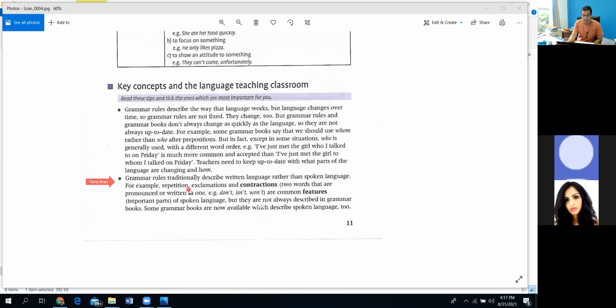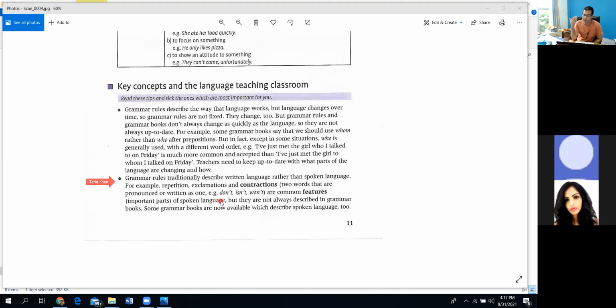For example, repetition, exclamation, and contractions, meaning two words that are pronounced or written as one. For example, don't, isn't, won't. These contracted forms, which we call contractions, are common features of spoken language. Why?